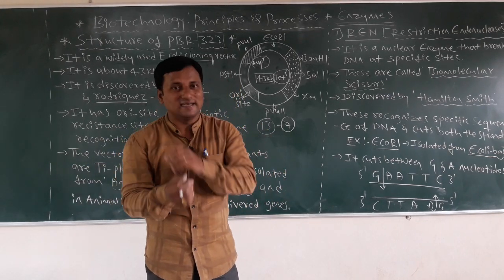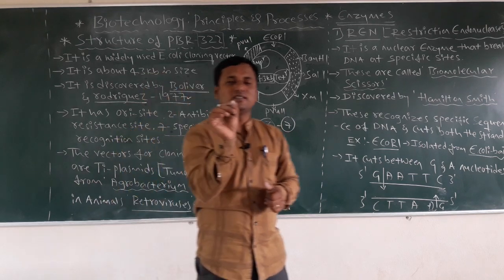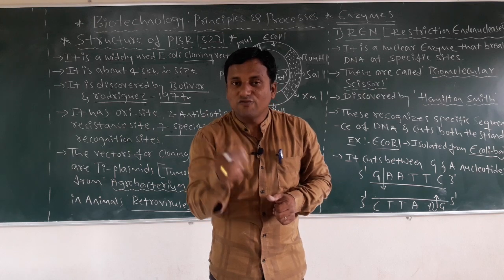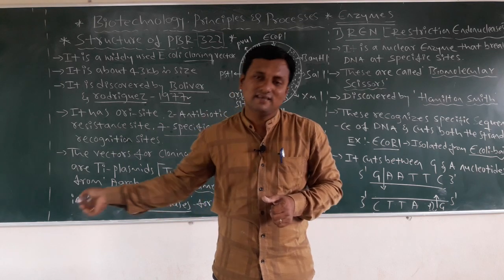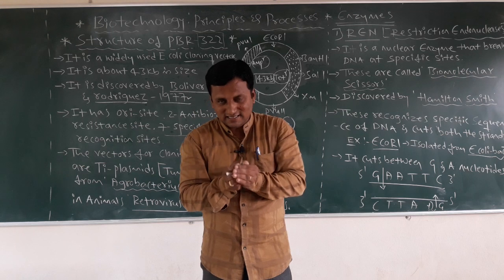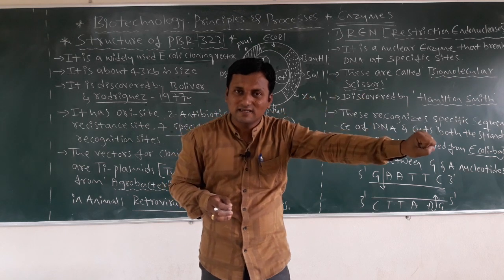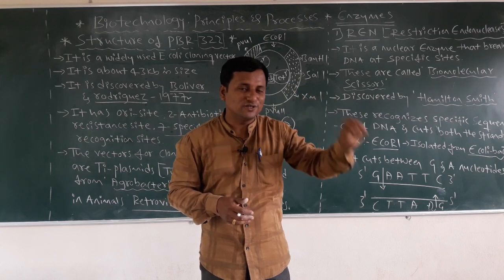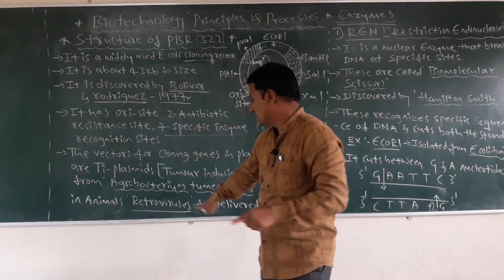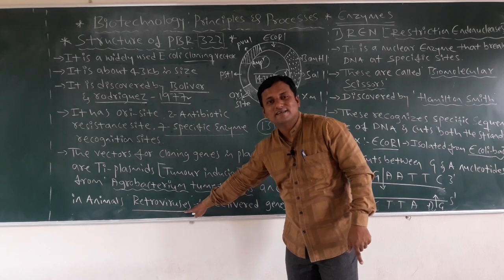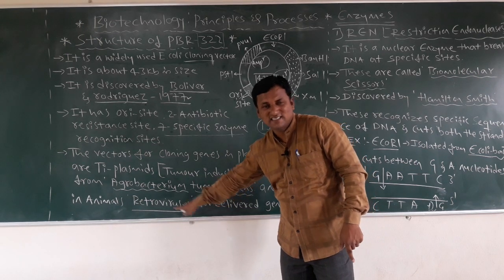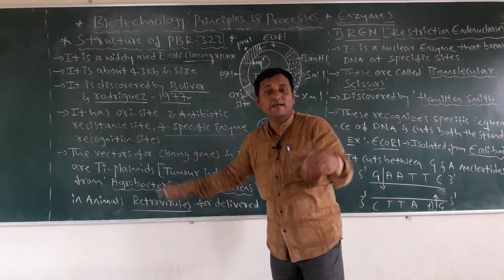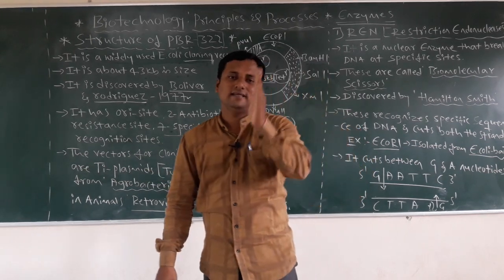So just think here: in animals, non-pathogenic retroviruses are used for delivering genes, for taking the genes and introducing them into the host animal body. Those viruses are called retroviruses. These act as vectors in plants and animals.